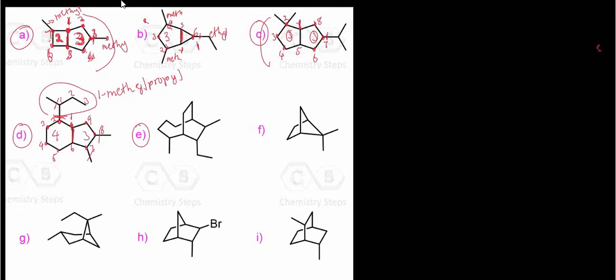On E, what are the shared carbons? Here it's a shared carbon, here is a shared carbon, right? So how many carbons are on this side? We have 1 here, 2, 3, then what? 4. So we have 4 carbons this side. How about this side? We have 1, 2. So just 2. How about on top? We have 1, 2. So on top 2. So this is the bridged one, right?